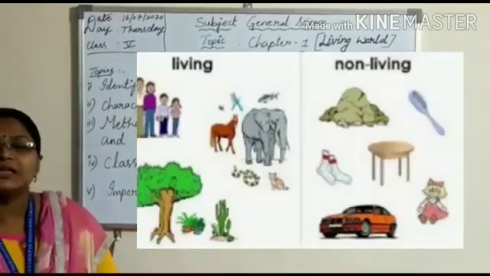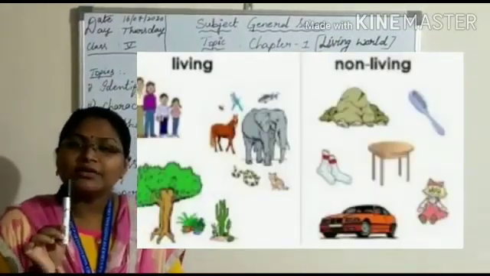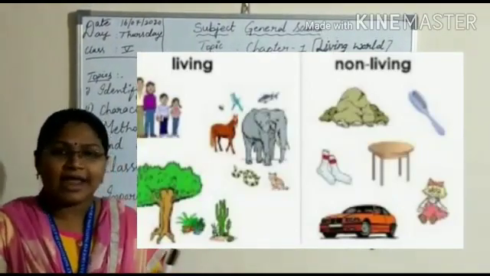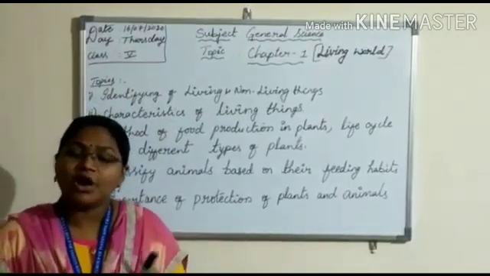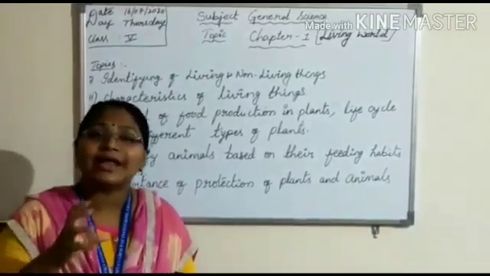It means you should understand, suppose this marker is a living thing or a non-living thing, you have to identify. Plant, humans, living thing or non-living thing, you have to identify. How will you identify? Living things contain some particular characteristics.